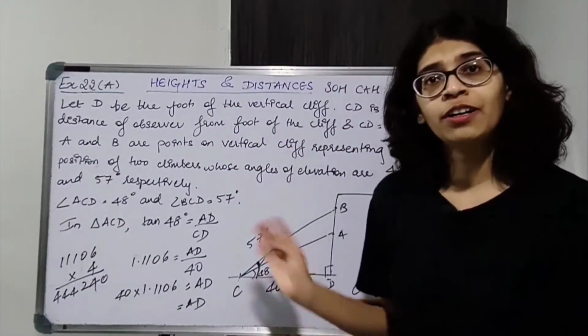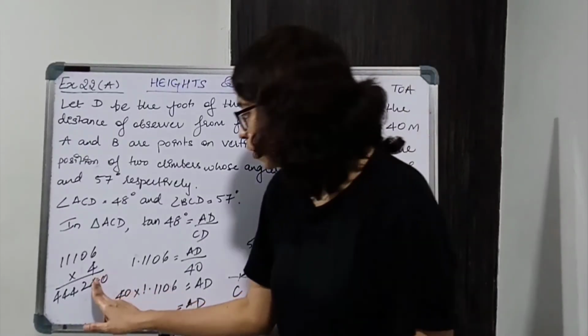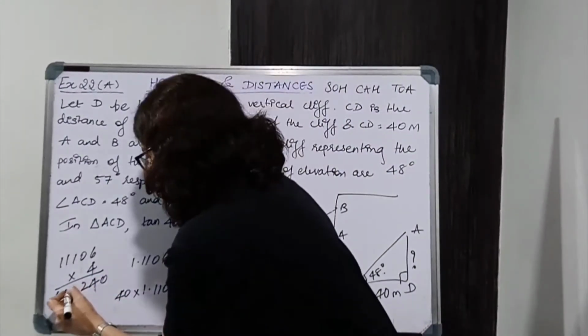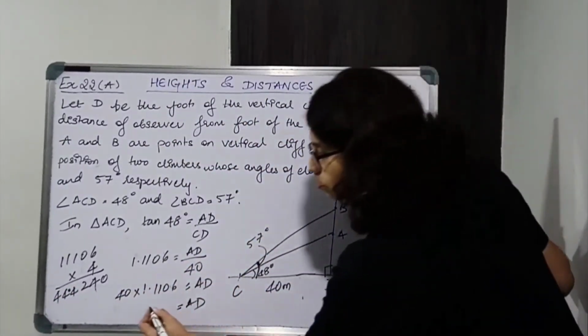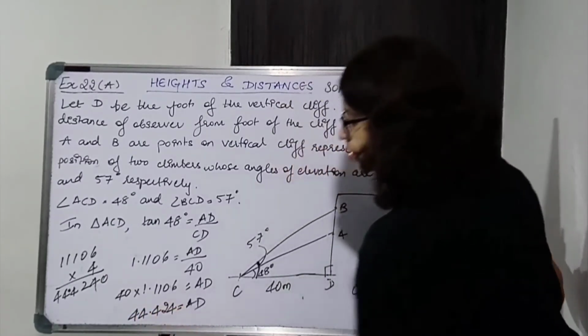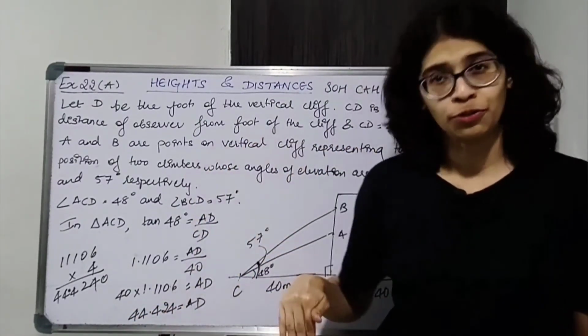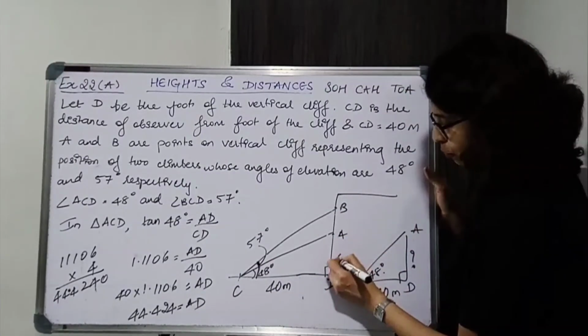Now decimal point after 4 places. So 1 2 3 4, 4 numbers के बाद decimal point है. So 44.42, 44.424. Let us consider till 3 decimal places, then we'll round it off. So AD is 44.424.